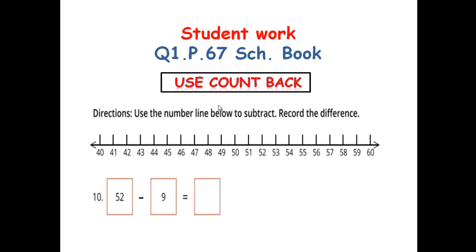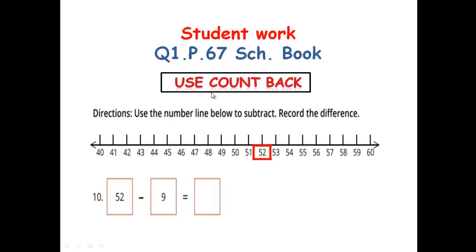Okay, did you finish? Now let's check your answer. According to what we said, when we are counting backward, we need to start with the big number, which is 52. And then we need to count backward. How many times? 9 times.